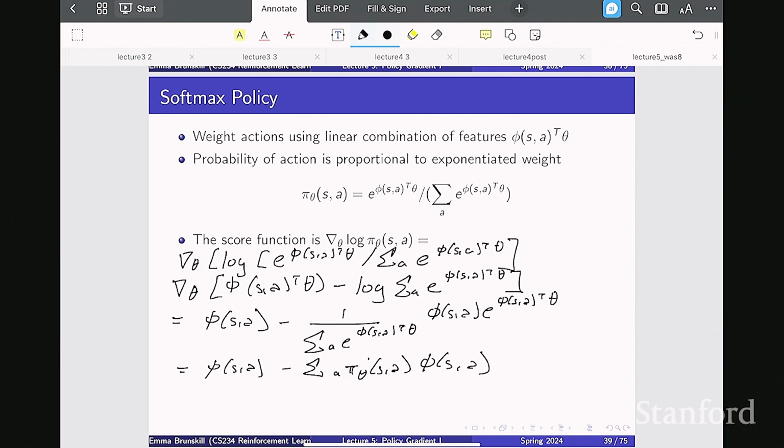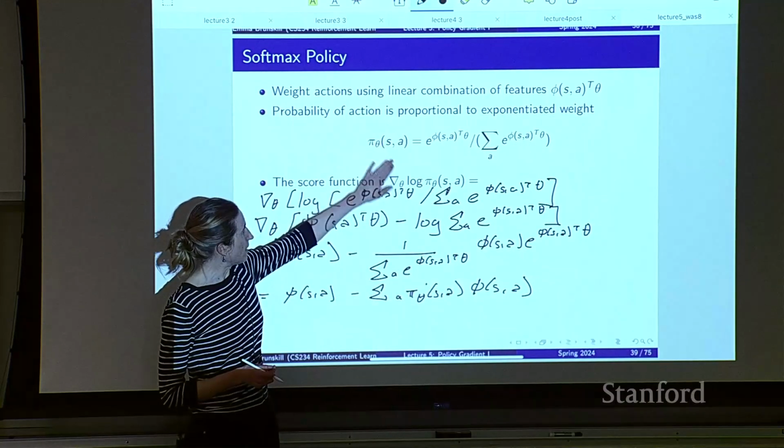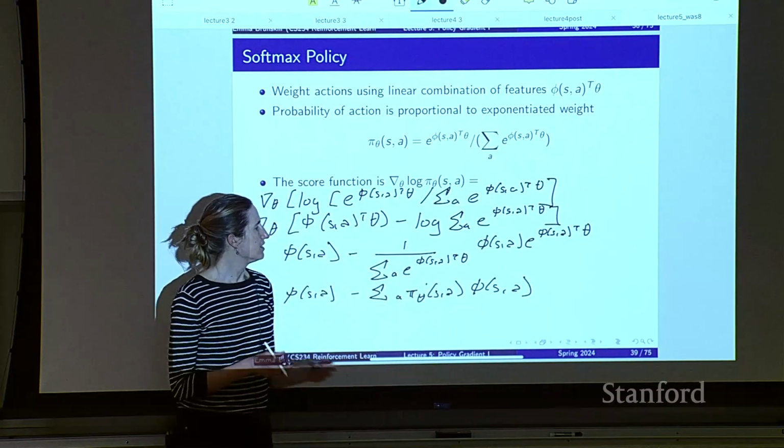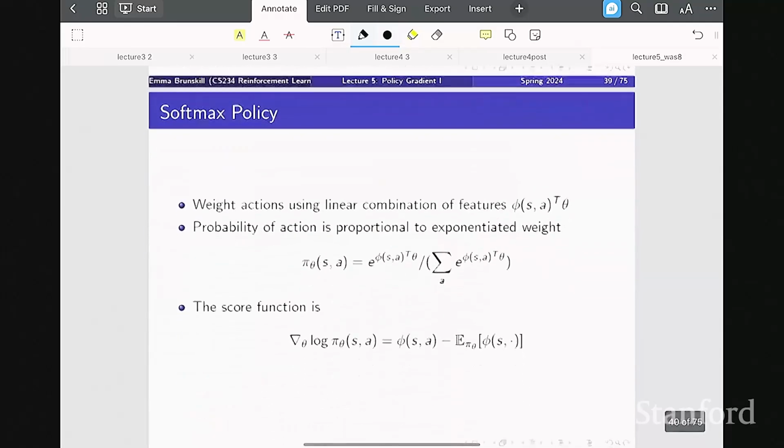Okay, so what I've done here is I've taken the derivative with respect to this function for a particular theta. And then what I've said here is, well, you could notice that this here is exactly just equal to my pi theta(s,a). So it's like I'm getting this weighting over the features. Okay, I'll put this on the next slide neatly.